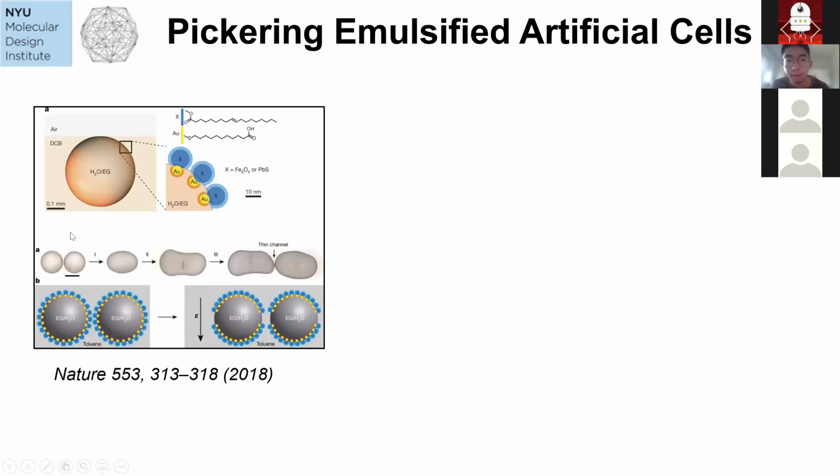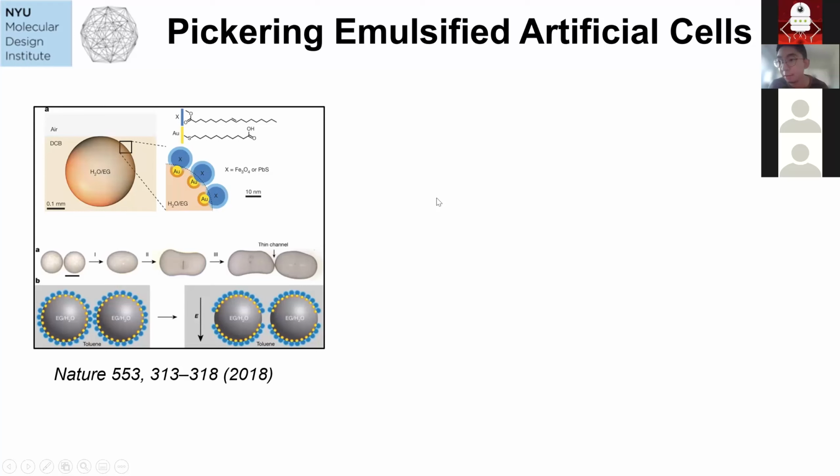Some success has been made in the field. One is to use Janus particles to make active Pickering emulsions. Pickering emulsion is just emulsion droplets stabilized by particles. These active Pickering emulsifiers can respond to external stimuli like electricity, light, or even magnetism, so that you can artificially open up an aperture on the surface and do some transmembrane transport behaviors.